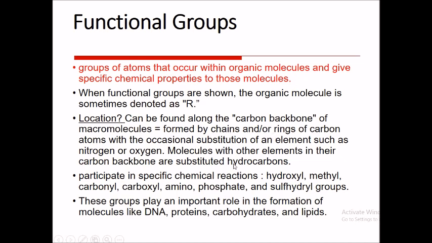There are 7 functional groups that you have to remember, which participate in chemical reactions: hydroxyl group, methyl group, carbonyl, carboxyl, amino group, phosphate, and also sulfhydryl groups. These groups are involved in a very important role in the formation of molecules like DNA, proteins, carbohydrates, and also lipids.